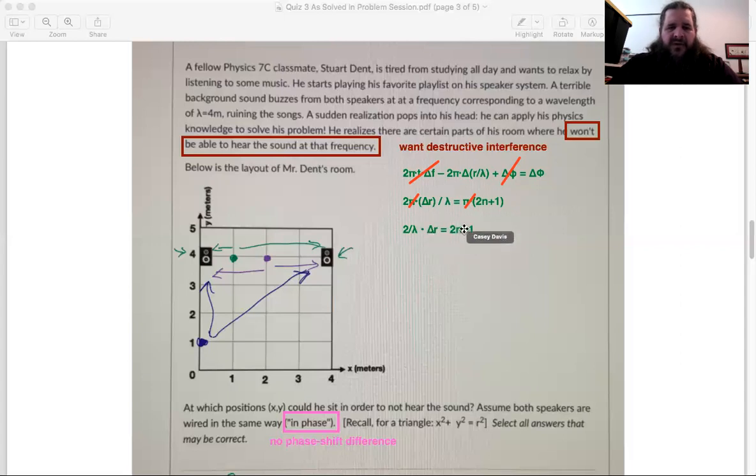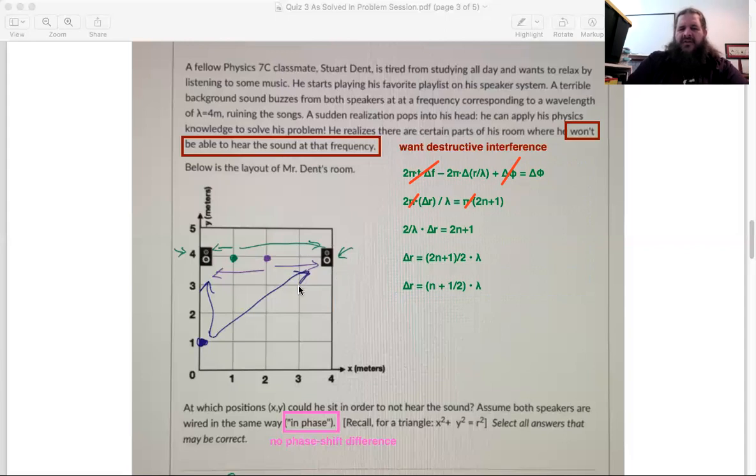We could then also solve for delta r, multiply both sides by lambda over 2 to cancel out the 2 over lambda. We get 2n plus 1 over 2 times lambda. In other words, if we simplify a little bit more, 2n plus 1 over 2 just becomes n plus 1/2 wavelengths.